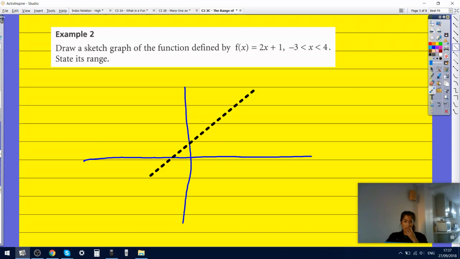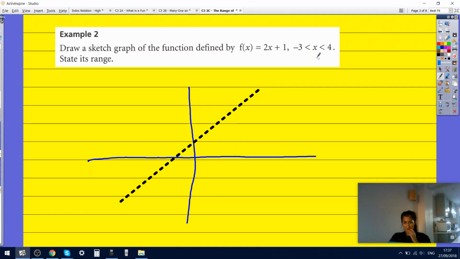So its range. It's already given the range, hasn't it? No, that's the domain. So when x is -3, what do you get? 2 times minus 3 minus 5. And then 2x minus 5 when x is 5 is 5.